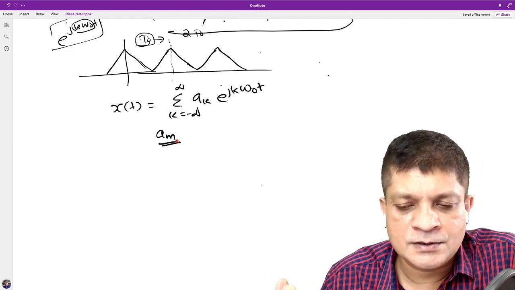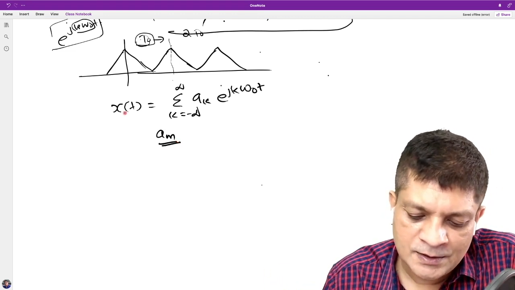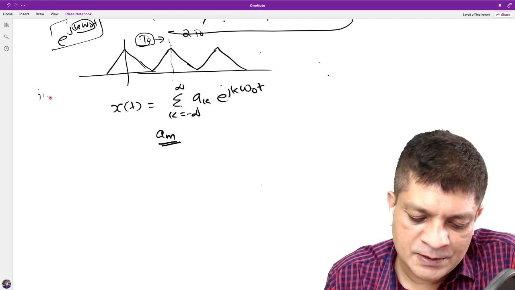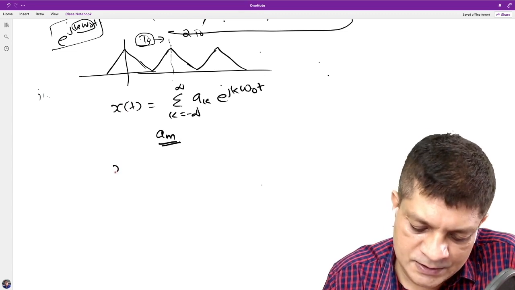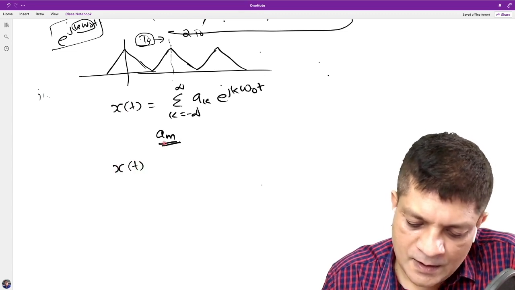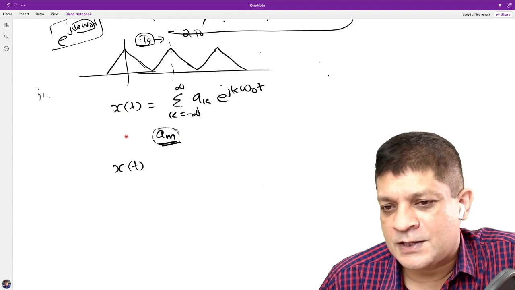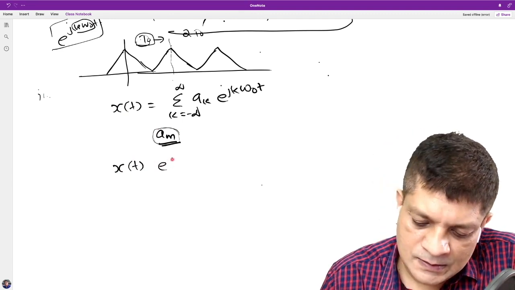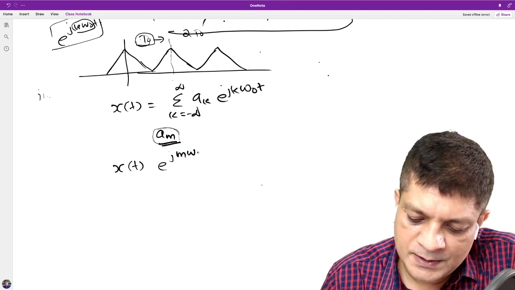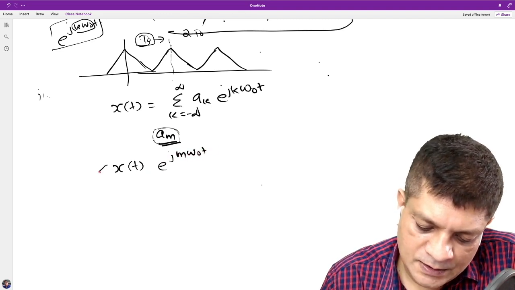Remember in the case of vector space, the operation is the dot product between that vector and the mth basis vector. Here the basis function is e to the power j m omega naught t. So compute this.